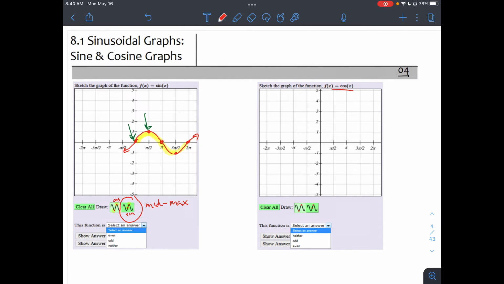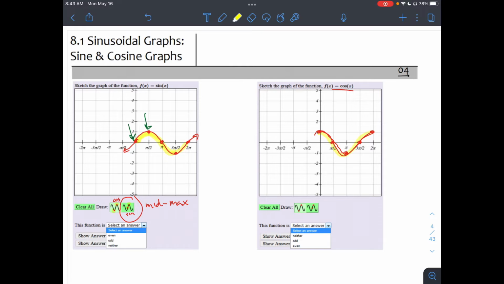Okay. Now compare that to the cosine here. When we're trying to find the cosine function, a cosine starts at a maximum, then it crosses the midline, minimum, midline, maximum. So once again, this right here is the portion of the cosine graph that you would need to identify. Okay.